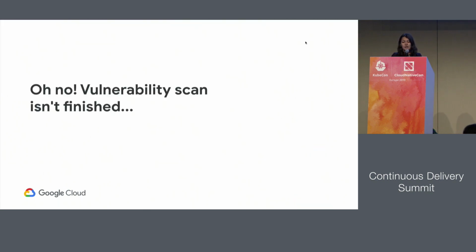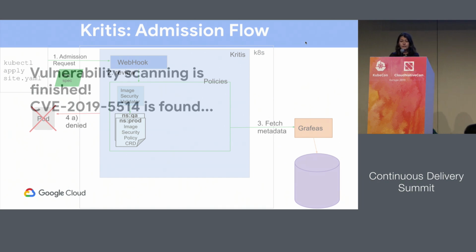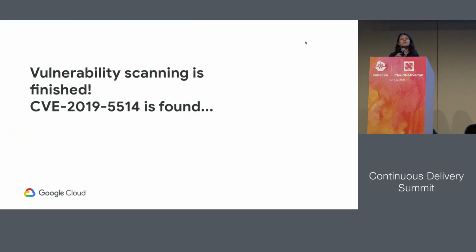So now, oh no, the vulnerability scan hasn't finished, and so Grafeas doesn't have any information about vulnerabilities we can fetch, and so at that point we will reject this pod and we'll reject the request, because we want to make sure that every single image that comes in, if an image security policy is defined, actually has a verified vulnerability scan that has run.